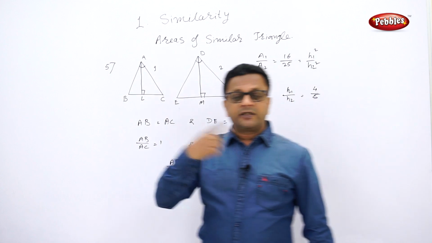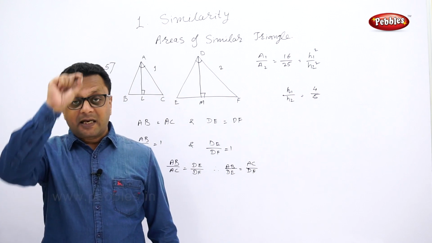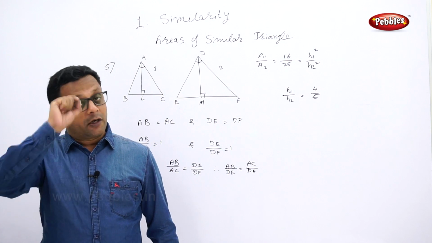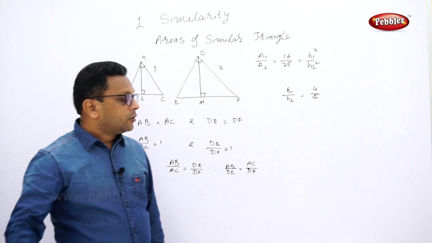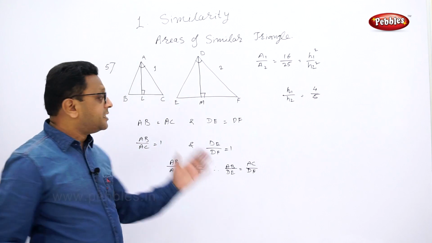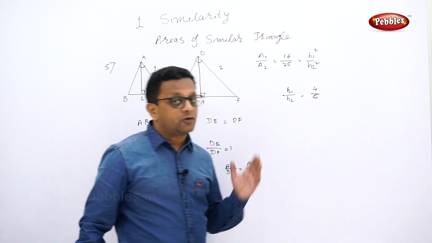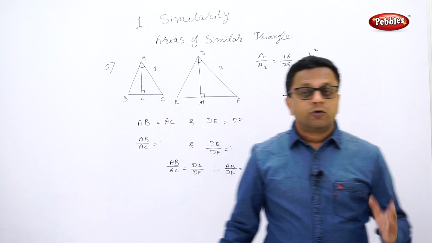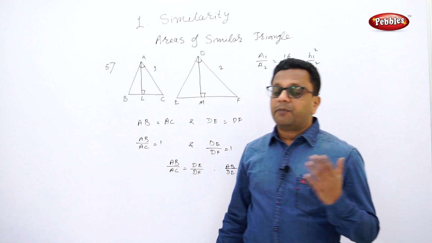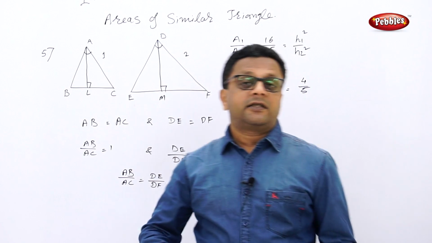That is why I always say pause your video and solve this particular example completely in all respects. Don't forget that I'm just telling you the reasons, but you have to write the reasons also. So please pause your video here, complete this example, and then we can move to exercise 1.4.